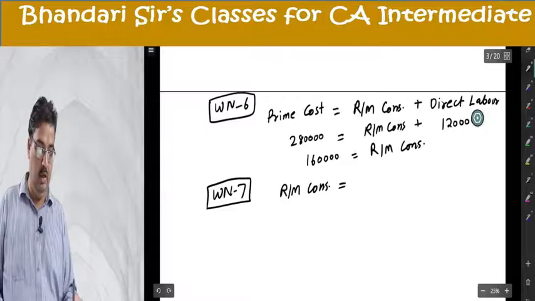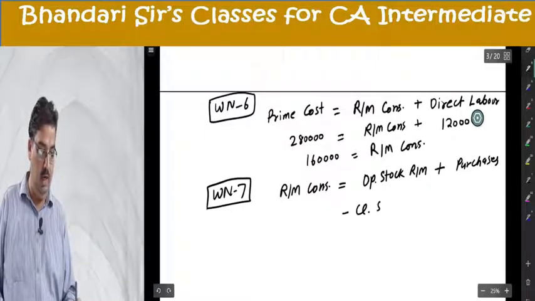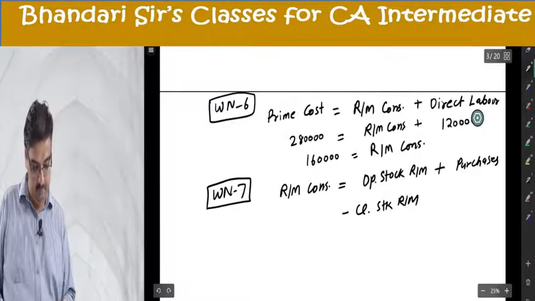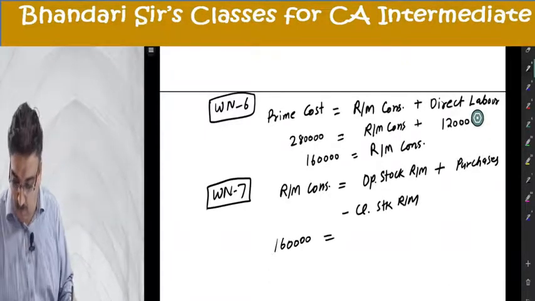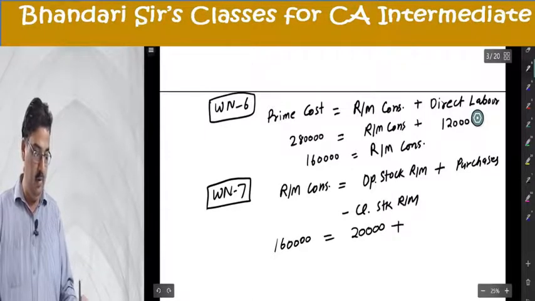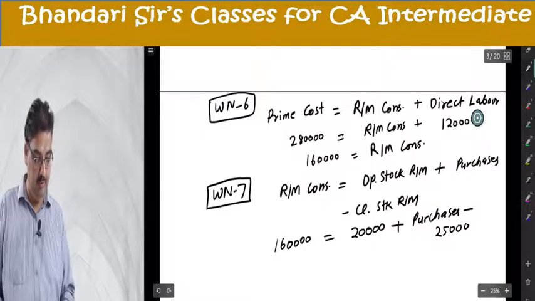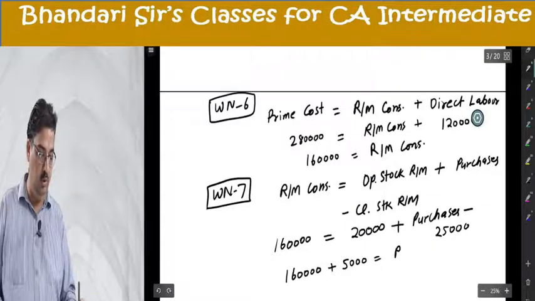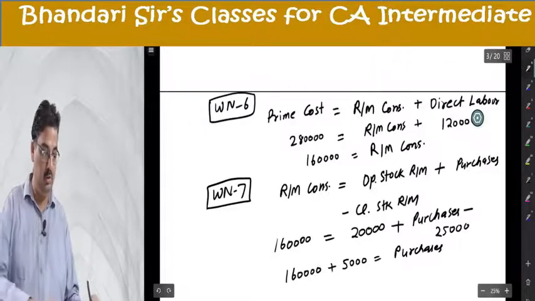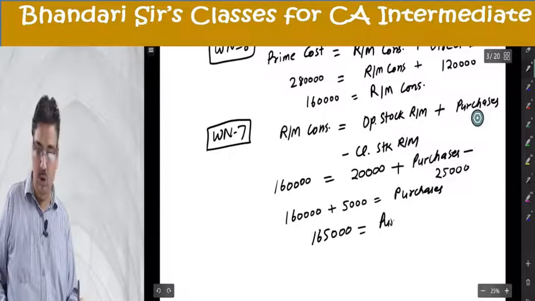Raw material consumed equals opening stock of raw material plus purchases minus closing stock of raw material. 1,60,000 is equal to opening stock of raw material 20,000 plus purchases minus 25,000. 1,60,000 plus 5,000 is equal to purchases. 1,65,000 is equal to purchases.